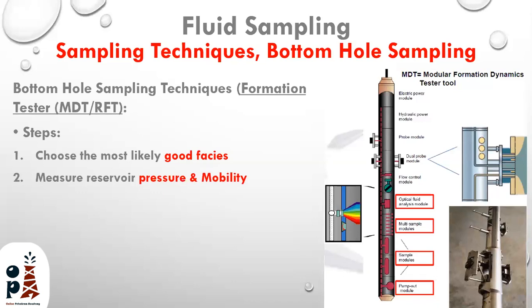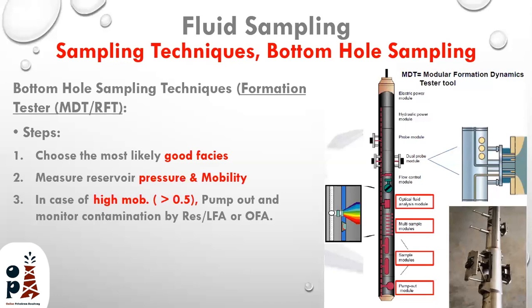If we have a valid pressure reading and a high mobility, typically higher than 0.5, we can pump out and analyze the fluids being pumped through the MDT tool using the resistivity reading and also the optical fluid analyzer.